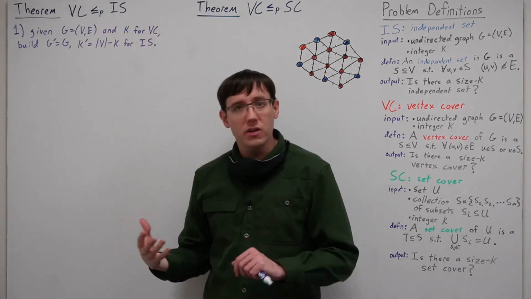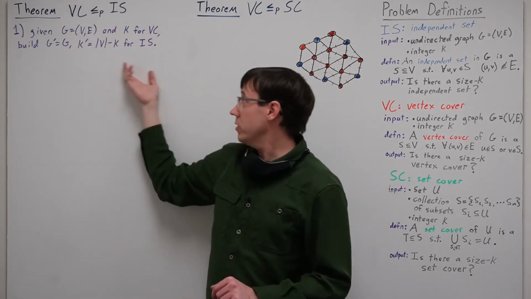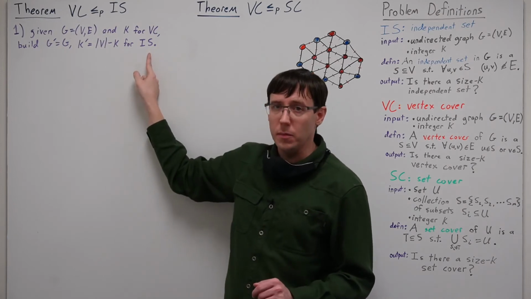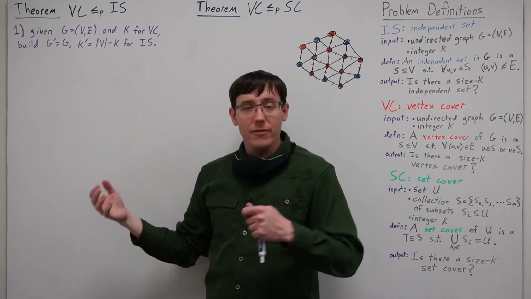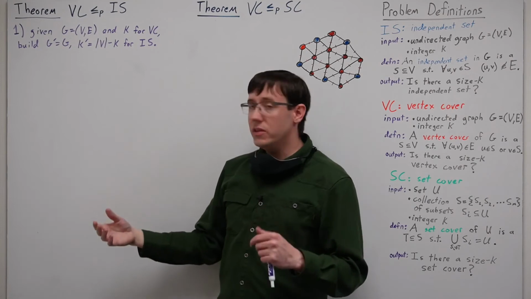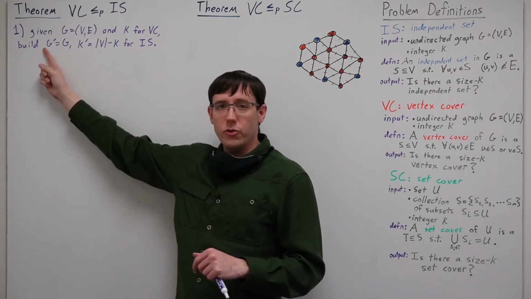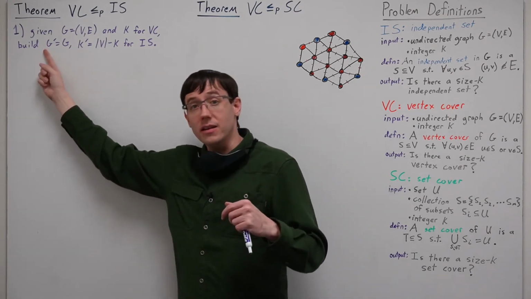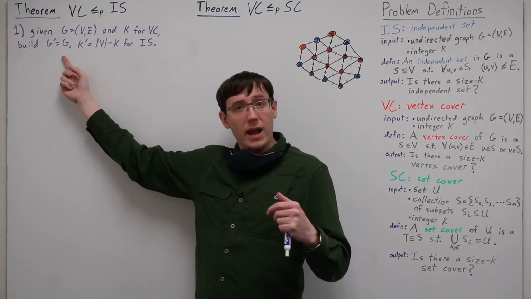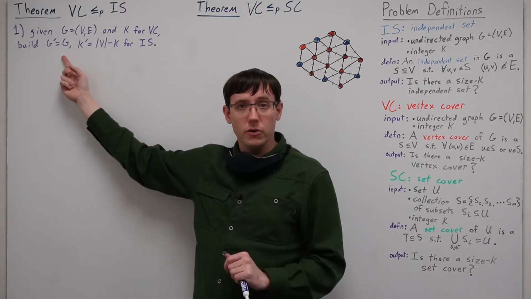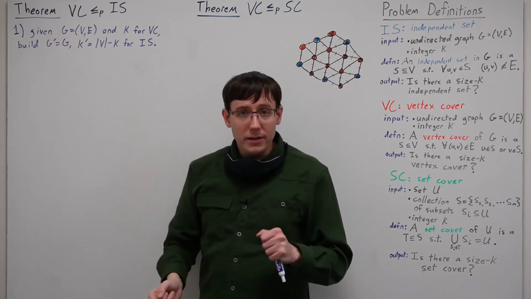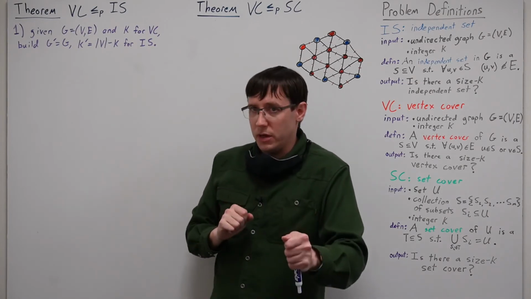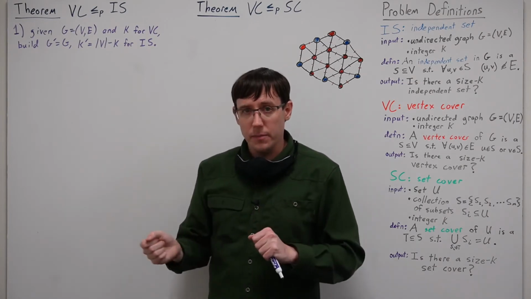And it produces an input to the independent set problem, which is also a graph and an integer. In this case, our graph for the translation to independent set is the same as the graph we were given for the original vertex cover problem, but the integer that we are giving to independent set is different.